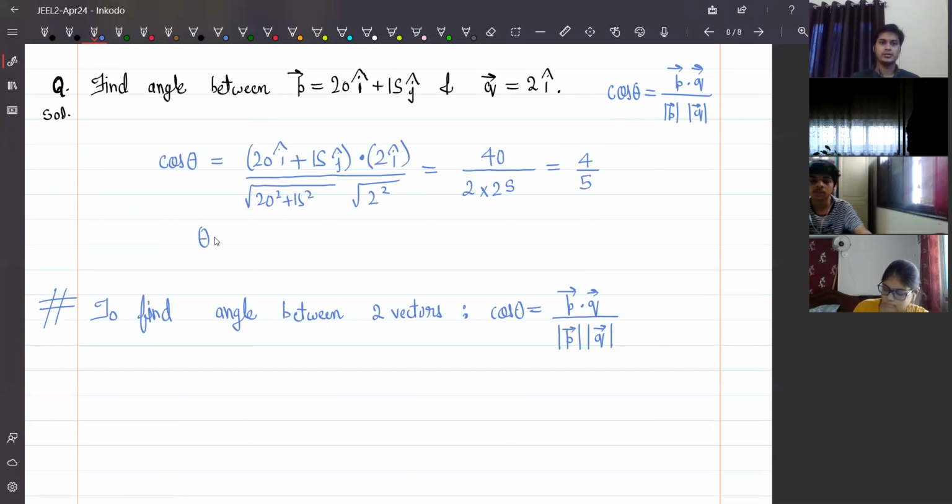So we can write theta as what value? 37 or 53?